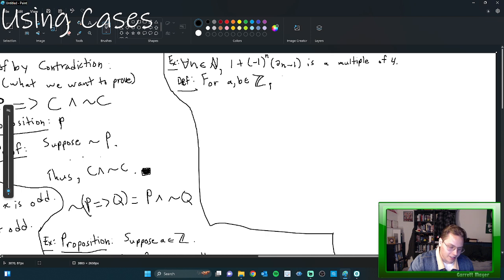So B is a multiple of A if B equals AC for some C in the set of all integers. Okay.